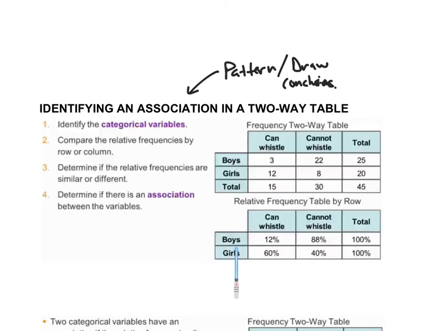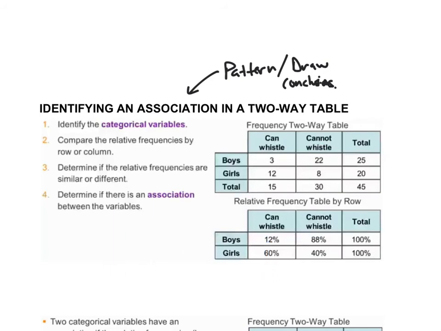What we've done here is identified the relative frequencies by row. So we're looking at boys, and out of 100% of the boys, 12% can whistle, 88% can't whistle. With girls, 60% can whistle, and 40% cannot whistle. And what we want to do is determine, is there a pattern? What we're realizing, based on this data alone, is that boys can't whistle as well as girls. Girls tend to be able to whistle better than boys.